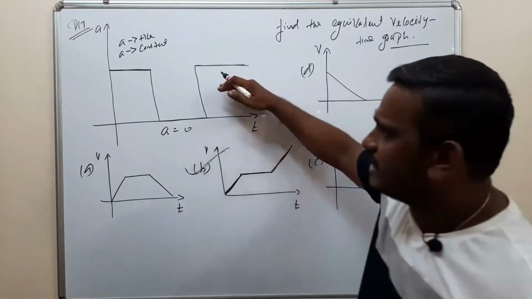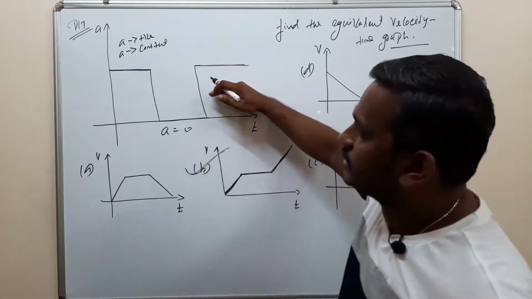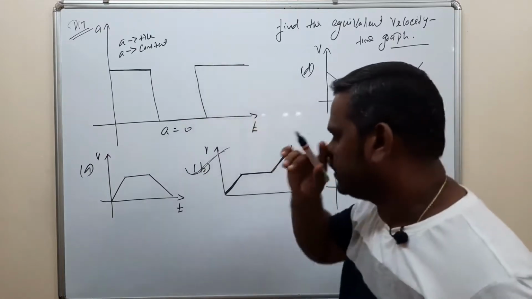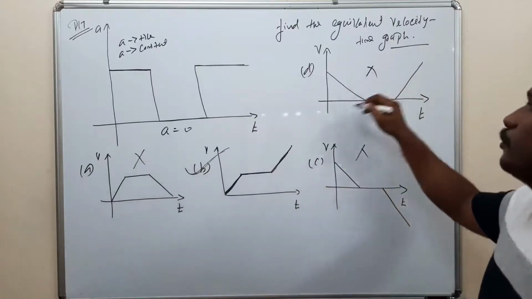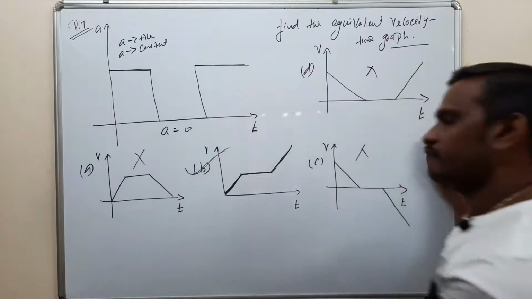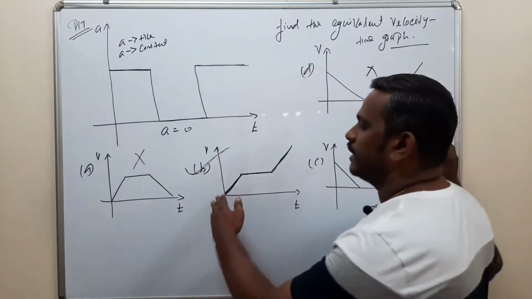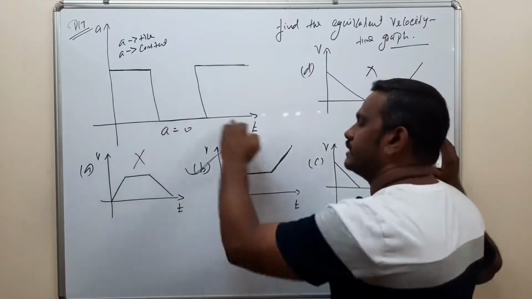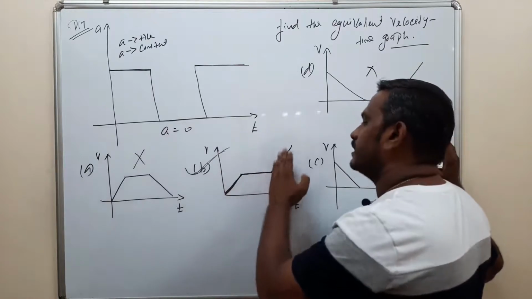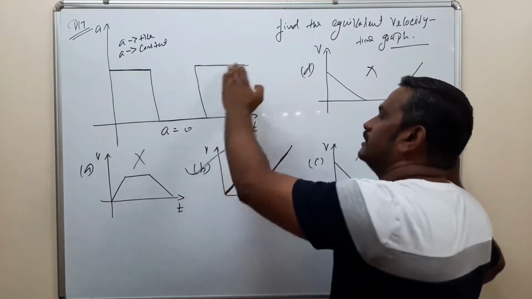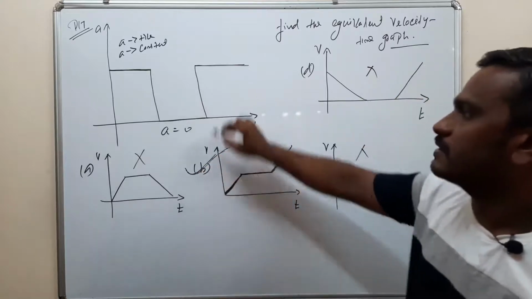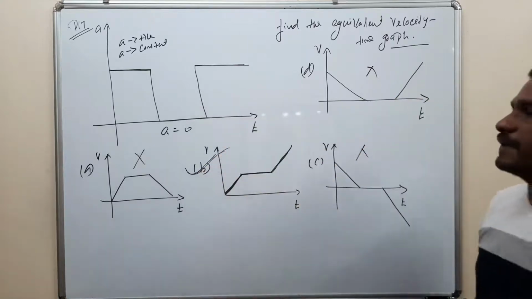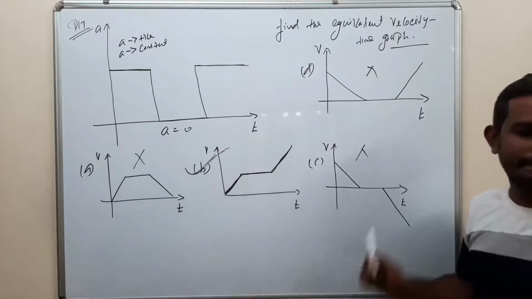In our case, the acceleration is always positive, so these graphs don't match. First acceleration is positive and constant, then acceleration becomes 0, then acceleration is again constant and positive. So this graph only matches with this acceleration time graph.